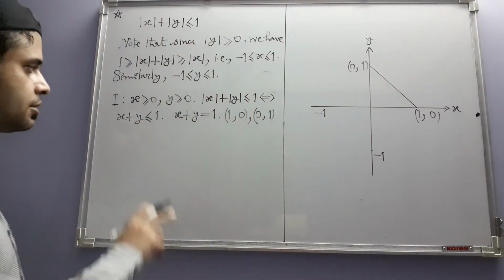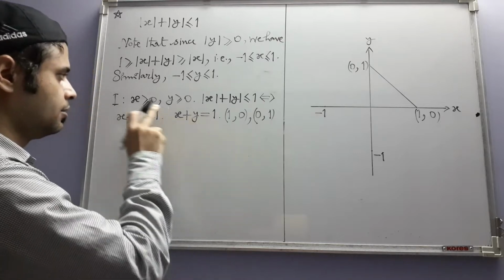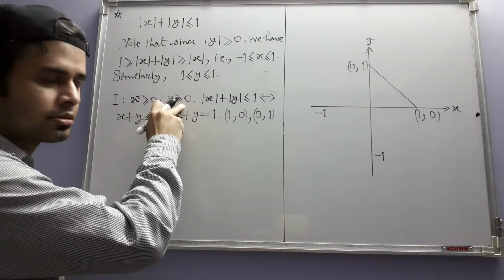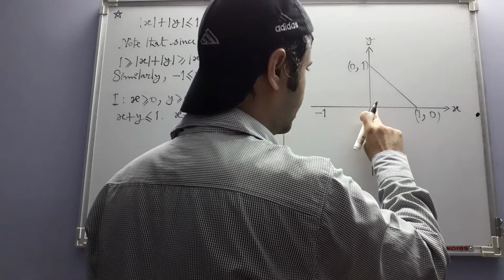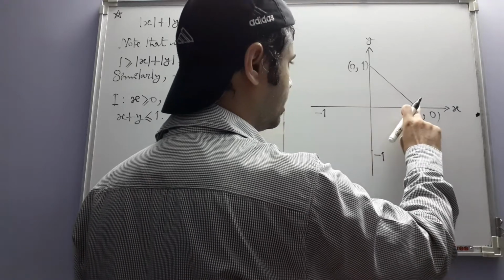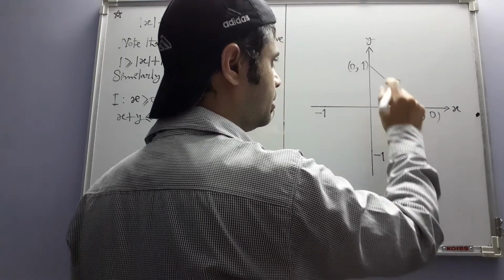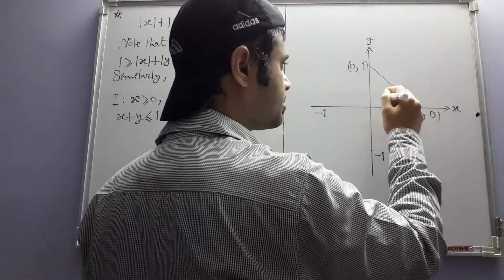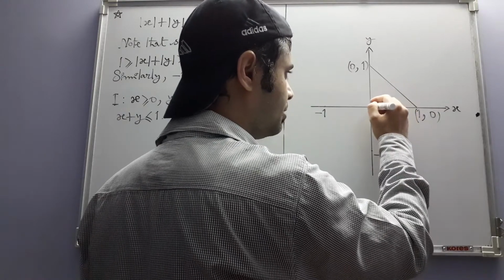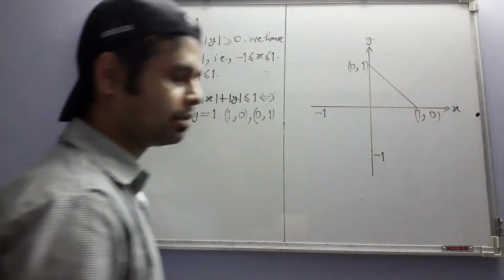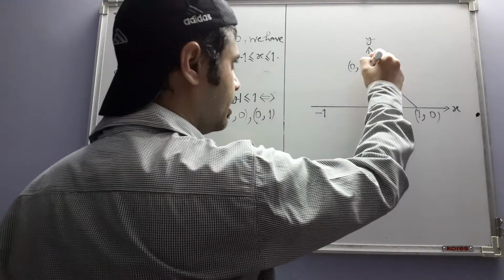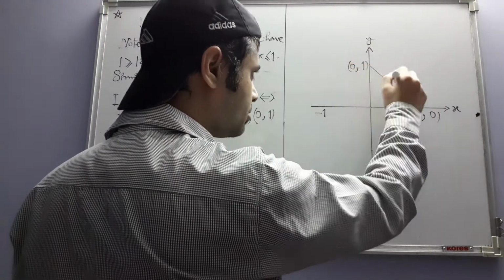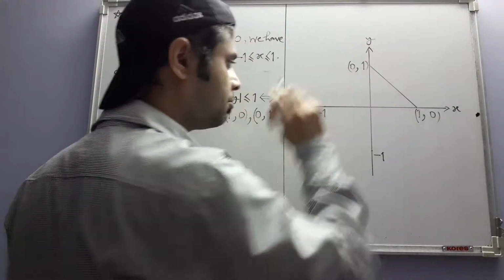Okay, this is the equation of this line along with these restrictions. X is 0, but here x is less than or equal to 1. Any point on this line has its x coordinate lying between 0 and 1. Similarly, any point on this line has its y coordinate lying between 0 and 1.